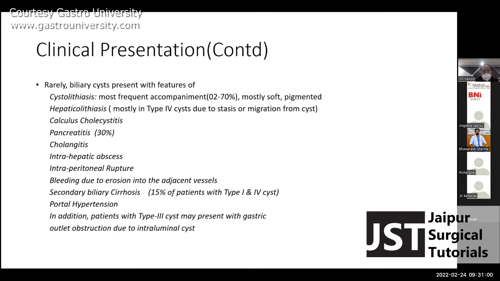Calculous cholecystitis, pancreatitis, cholangitis, intrahepatic abscesses, intraperitoneal rupture, bleeding due to erosion into adjacent vessels, secondary biliary cirrhosis, and portal hypertension is associated in 15% of the patients with type 1 and 4 cyst. In addition, patients with type 3 cyst may present with gastric outlet obstruction due to large intraluminal cysts.